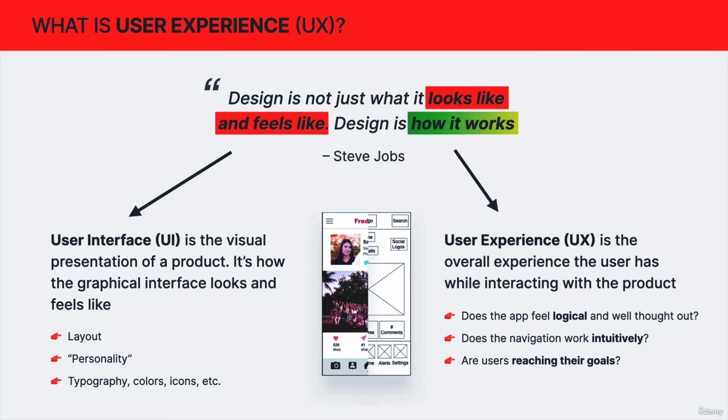Or does the navigation of this app work intuitively? Or even questions like, are users actually reaching the goals that they wanted to achieve by using this product? And of course, that again only really scratches the surface. There is a lot more to do when we think about and when we design the UX.